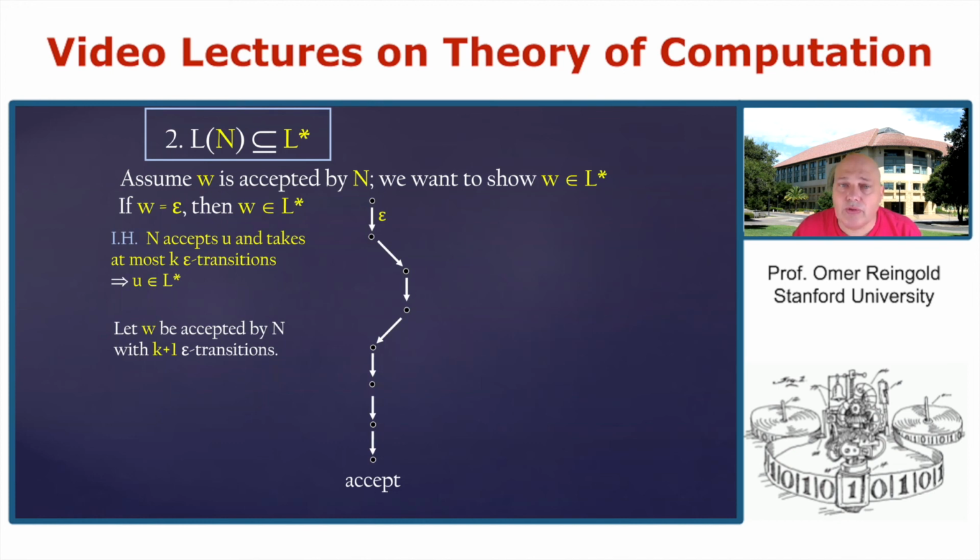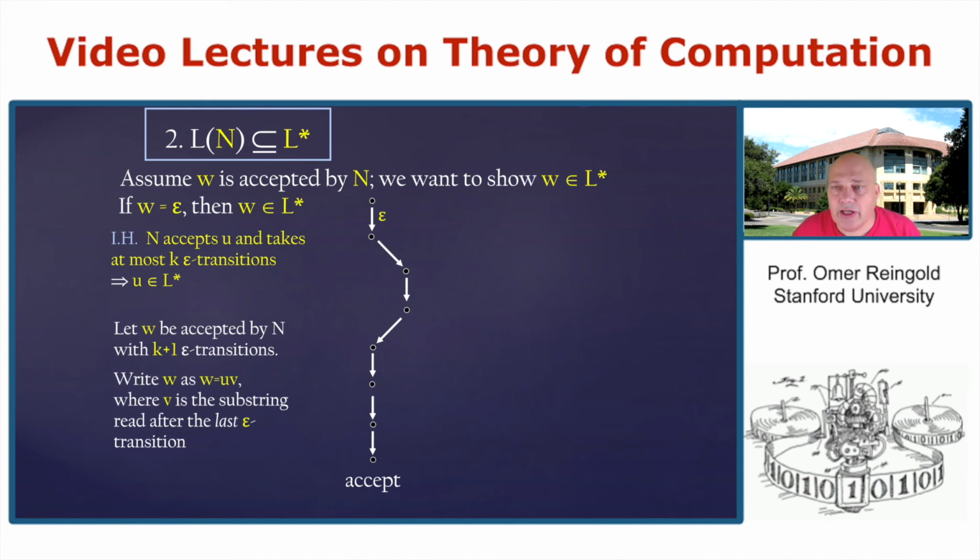And we know that this path has k plus 1 epsilon transitions.